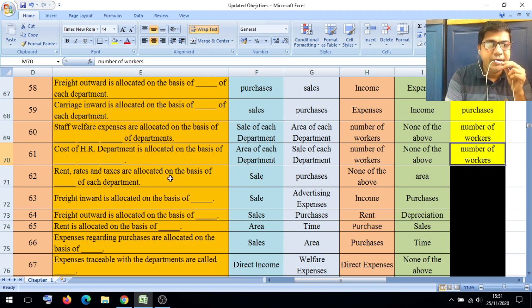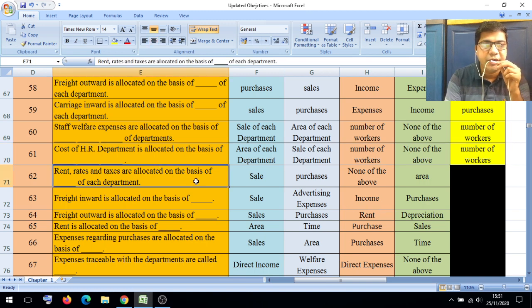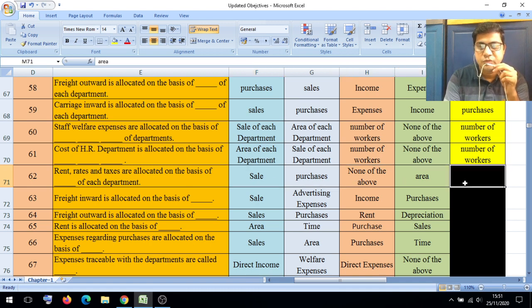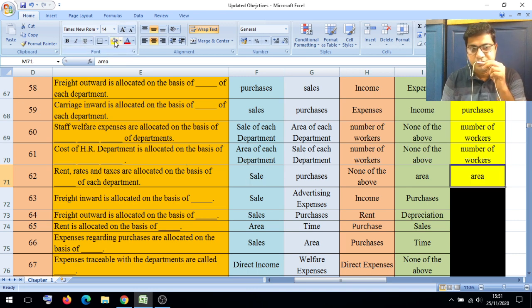Next, rent, rates and taxes are allocated on the basis of dash of each department. Sales, purchases, area, none of the above. The answer is area. Rent we take if we give our property to a tenant.